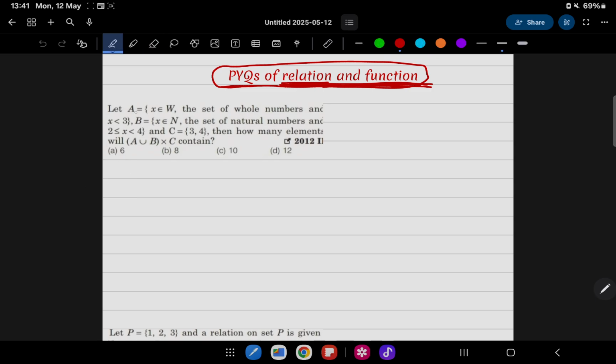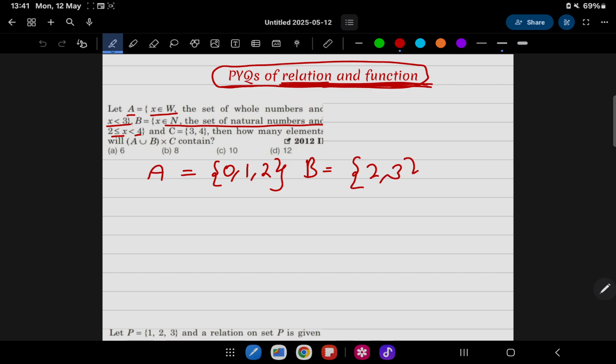तो चलिए स्टार्ट करते हैं। तो सबसे पहले क्वेश्चन में हमें एक सेट ए दिया हुआ है। ए क्या है? वो नंबर का सेट है 3 से छोटों का, मतलब ए क्या है? सेट ऑफ 0, 1, 2। ओके। एंड बी इज अ सेट ऑफ नेचुरल नंबर इक्वल टू और ग्रेटर देन 2 एंड लेस देन 4। सो बी इज इक्वल्स टू 2, 3.